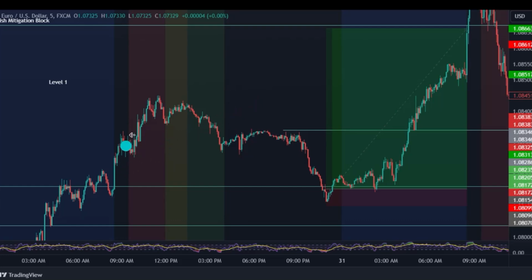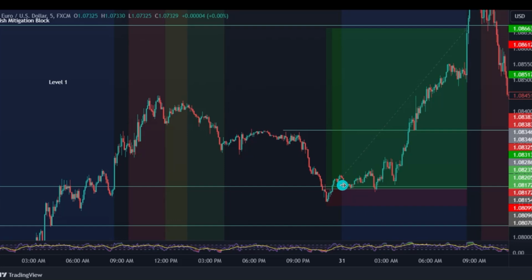We see price has moved up and then it touched that other bearish mitigation block. It came down, then it touched into the mitigation block at this level. What we're looking for on this smaller time frame, this 5-minute chart, is another mitigation block. Here we have a low, a high, and a lower low. This is also another one, a low, a high, and a lower low.